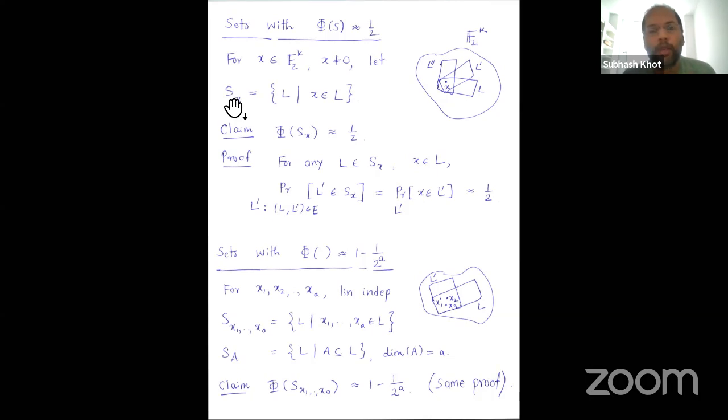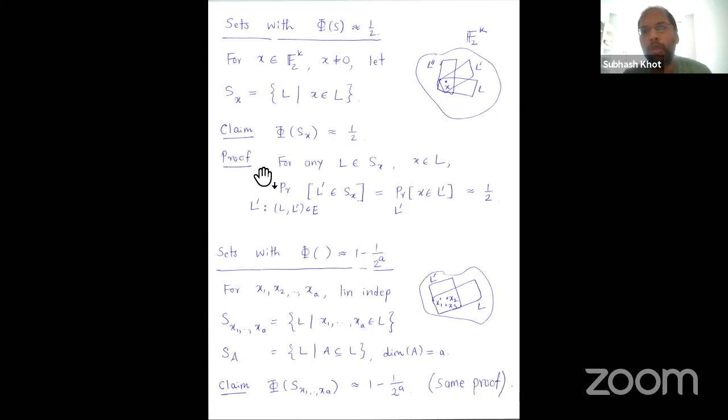The claim is that the expansion of this set in the Grassmann graph is essentially 1/2. And when I say essentially, it's 1/2 up to an additive term of 1/2 to the l. For me that is negligible, and I don't want to write messy expressions, so I'm just going to ignore these negligible terms.